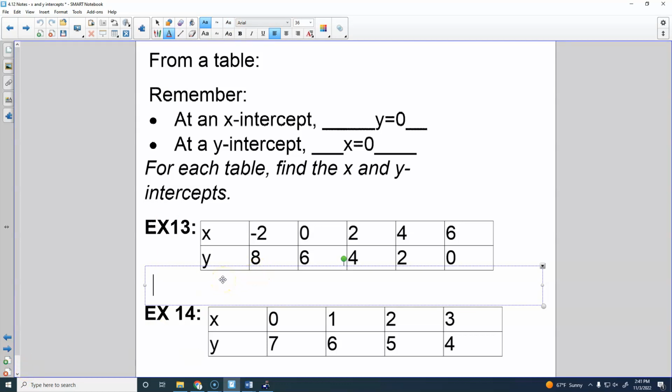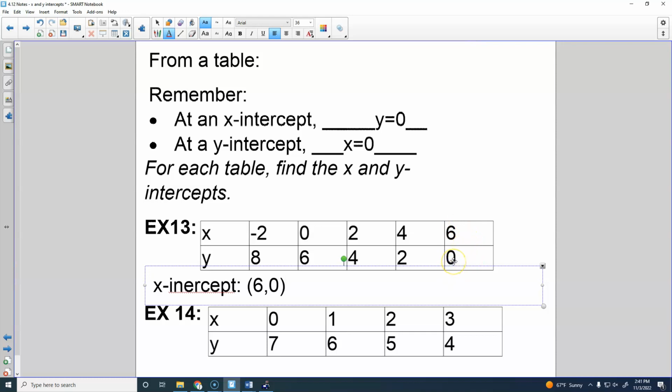If I'm looking at this table, and I'm looking for the x-intercept, what is going to equal 0? The y. What is the point where your y equals 0? It is 6, 0, right? It's this last point on the table.